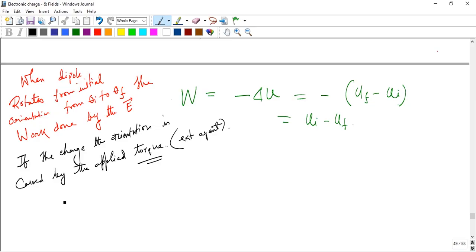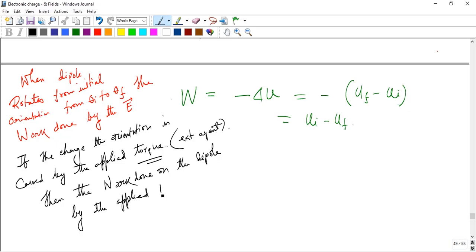Then the work done on the dipole by the applied torque is negative.